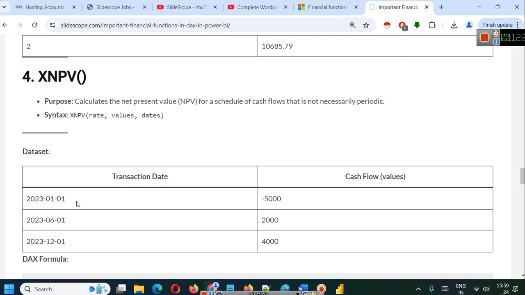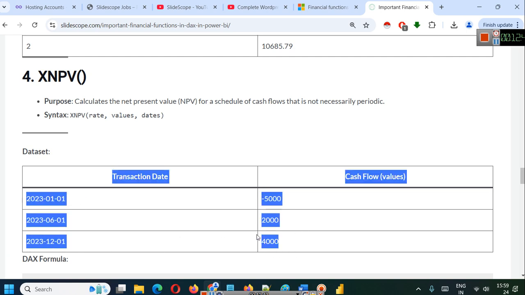One transaction was made on 1/1/2023, another on 1/6/2023, and the third on 1/12/2023. This is not a payment made, this is basically a transaction which can be either credit or debit. So this was debit, then credit, and then credit.